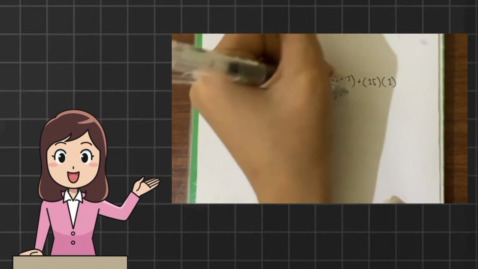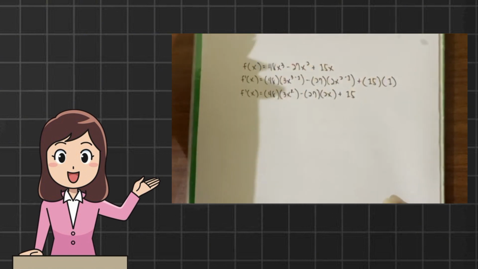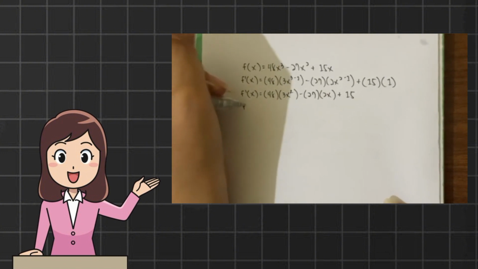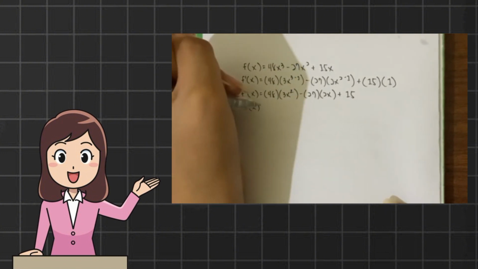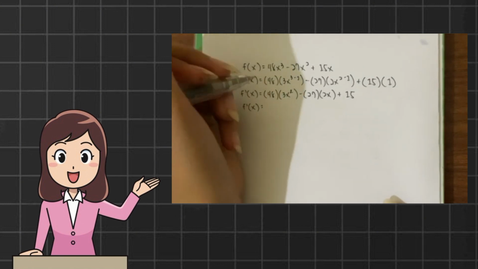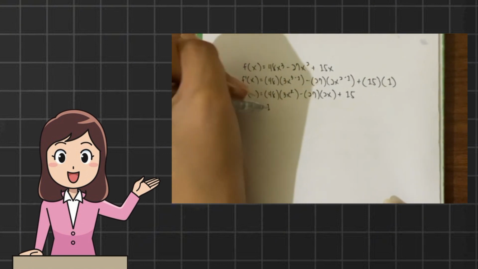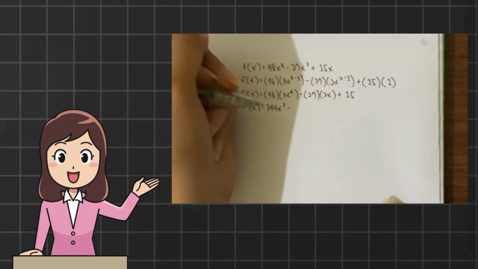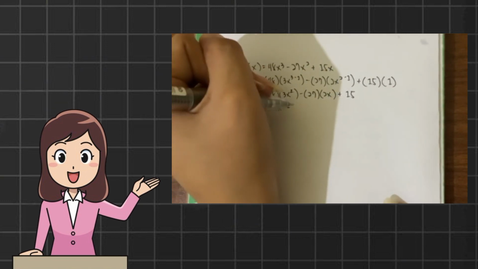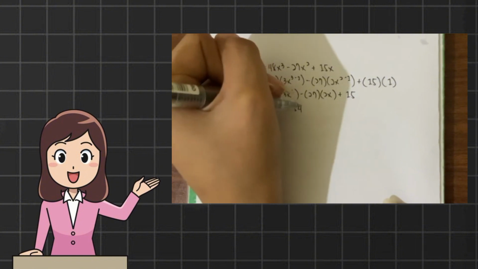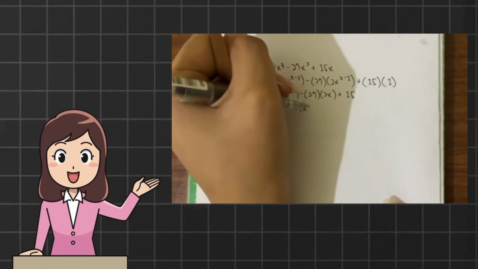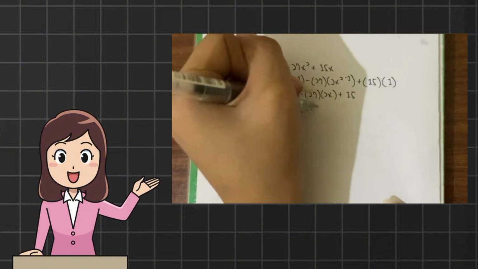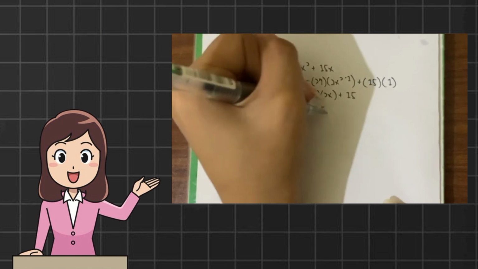Plus 15 times 1 is 15. 48 times 3 is 144x squared. Minus 27 times 2 is 54x. Plus 15. And here's the answer.